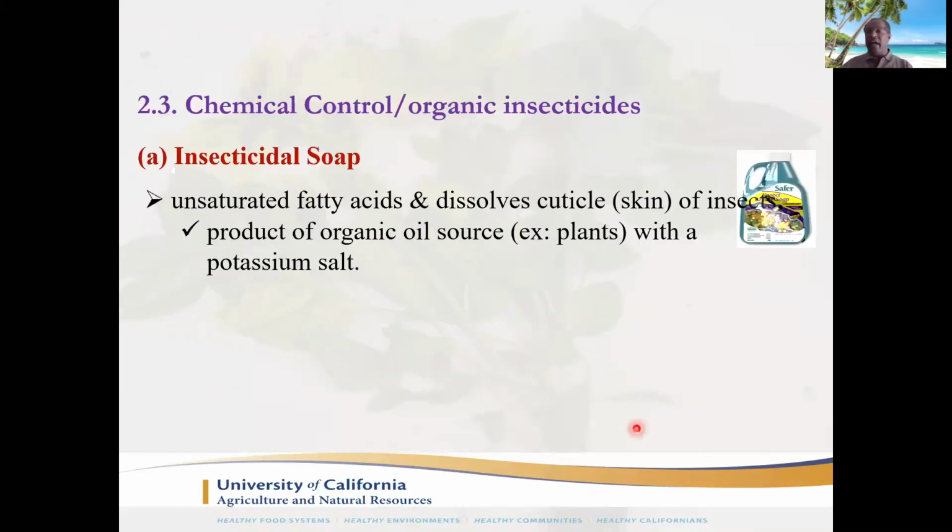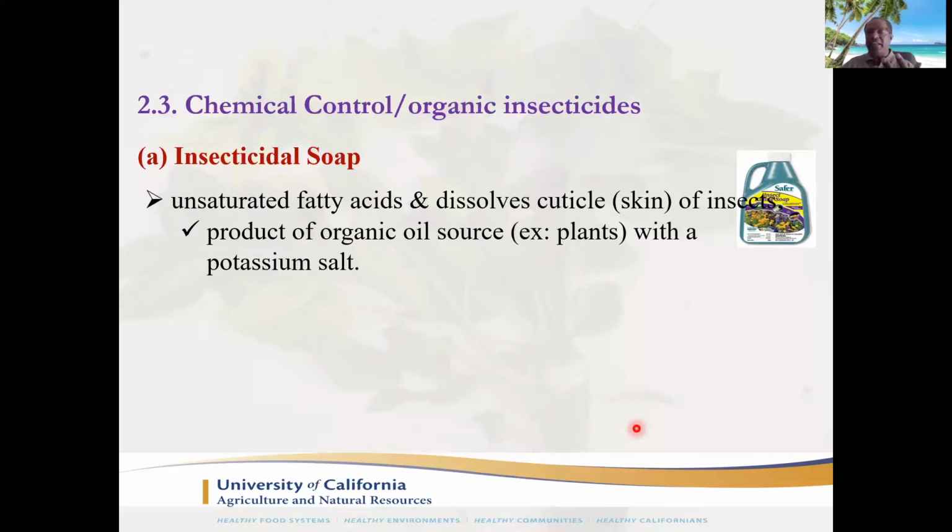All right, there is also chemical control. Some people think organic gardening or organic cropping means without insecticide. That is not true. It simply means it is not something where inorganic chemicals are applied. But you can apply organic insecticides.